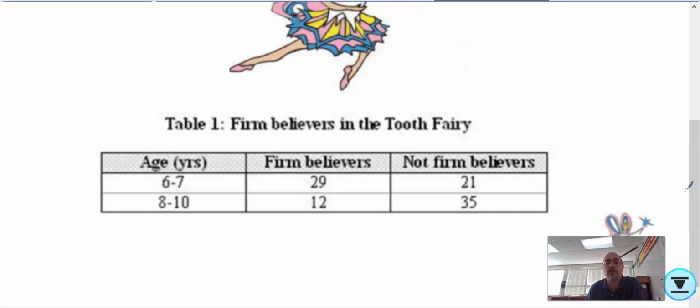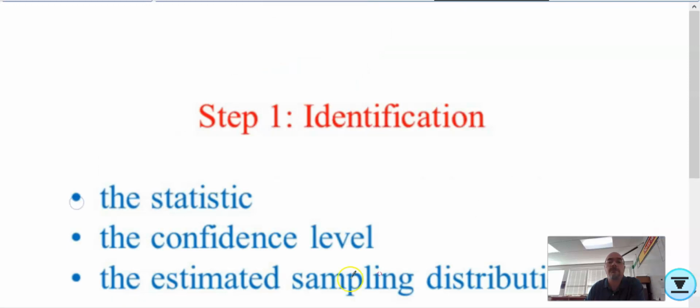There it is. We have 29 6 to 7-year-olds who are firm believers in the Tooth Fairy and 21 who are not. That makes 50 interviewed. 8 to 10-year-olds, 12 and 35. We're not interested in 8 to 10. We're going to look at the 6 to 7-year-olds.